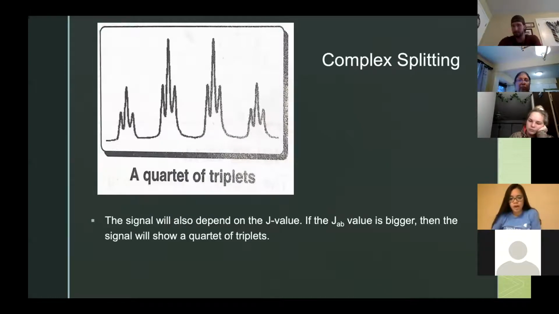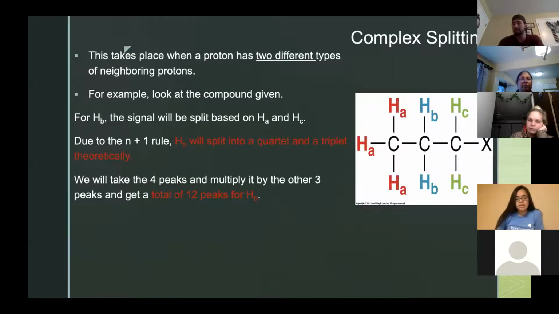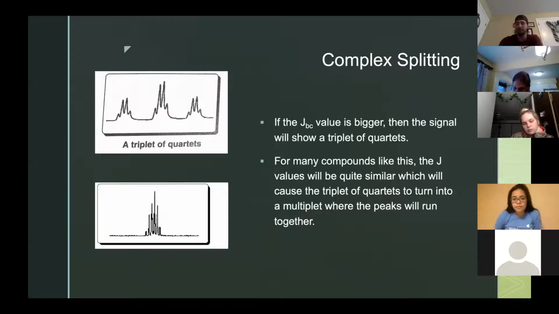And if BC is bigger, and HC was the only one there, you would see a triplet. So you will have 3 signals, and each one will be a quartet because of HA. Does that make more sense? Yeah.